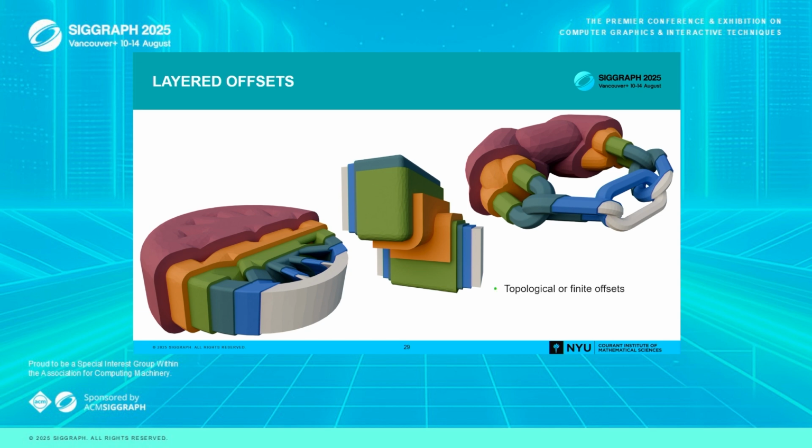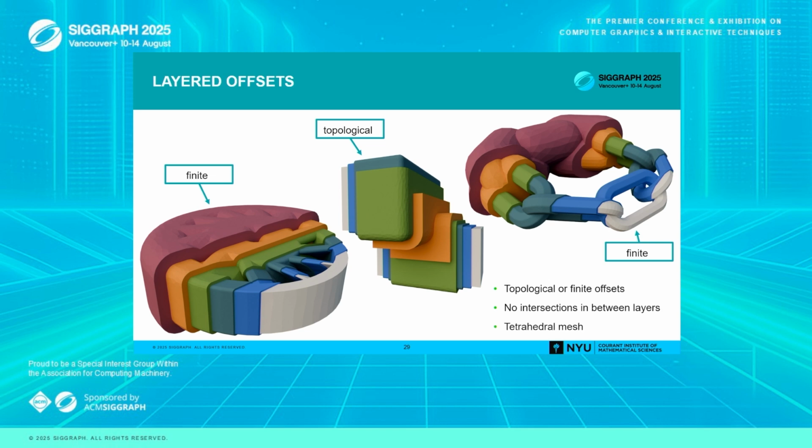This works for topological and also for finite offsets. And it is guaranteed that the offset layers do not intersect each other. Also, the output of our method is a tetrahedral mesh that contains all the offset layers. So it's one conforming mesh, and the layers are basically just tags in this tetrahedral mesh.